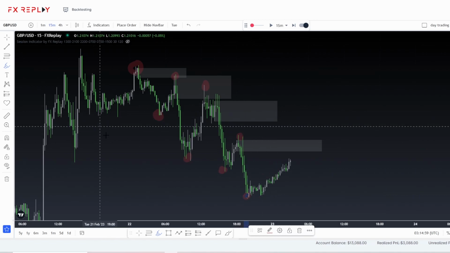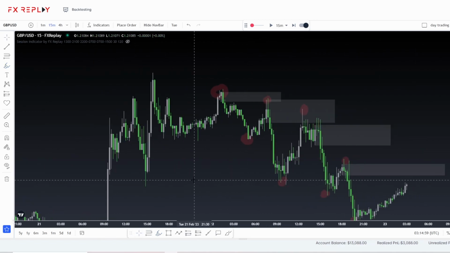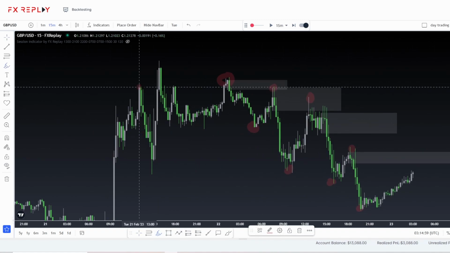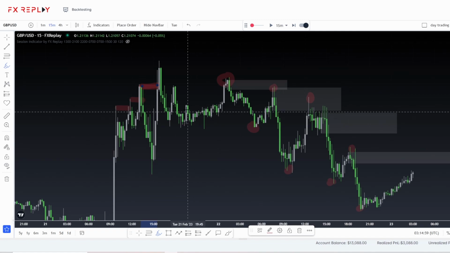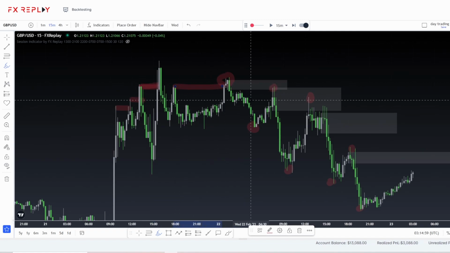Okay? So if we just come back a moment, if we look here, you can see we were bullish, right? We were breaking structure to the upside. Okay? Once we then broke this high here, and we shifted and broke the low here, right?